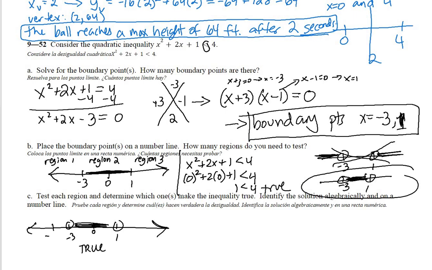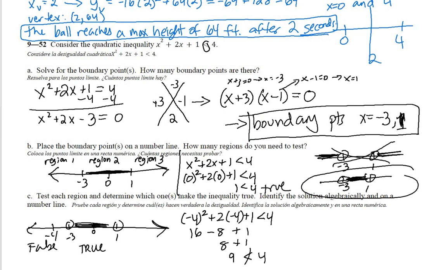How about I test, I don't know, negative 4. Negative 4 squared plus 2 times negative 4 plus 1 is less than 4. It's going to be 16 minus 8 plus 1. It's going to be 8 plus 1, which is 9. 9 is not less than 4. False. No solutions right there. Okay. Let's test this region.